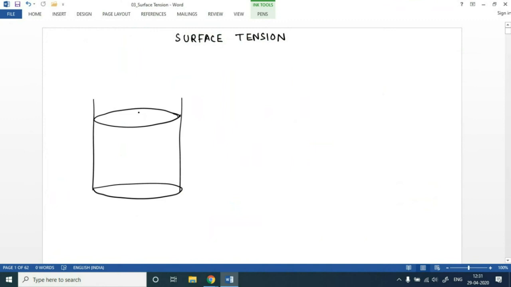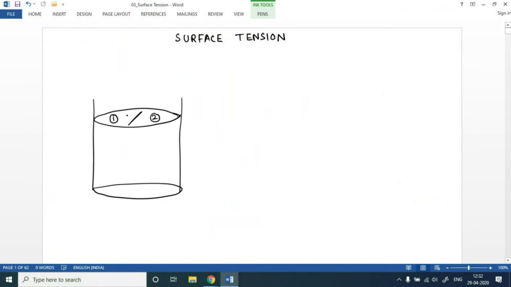If we draw an imaginary line on the surface, this line is going to divide the surface into two parts, let's say part 1 and part 2. When we say surface tension, this surface is under a state of tension. What we mean is that part 1 is going to exert some force on part 2 along the surface.